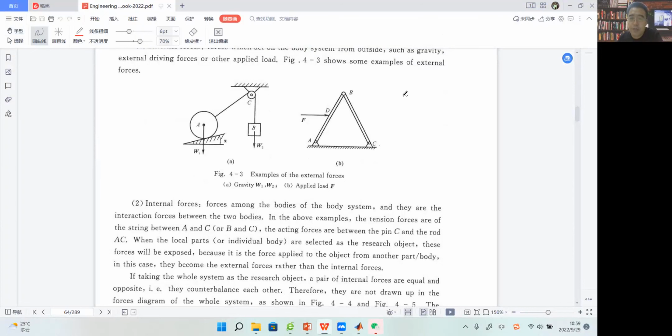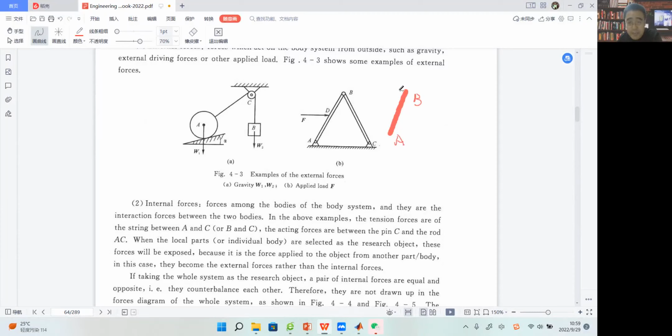It will constrain the two bodies' relative movement. That means if we select bar AB, maybe this point B, and this point A, we allow this to denote bar AB.